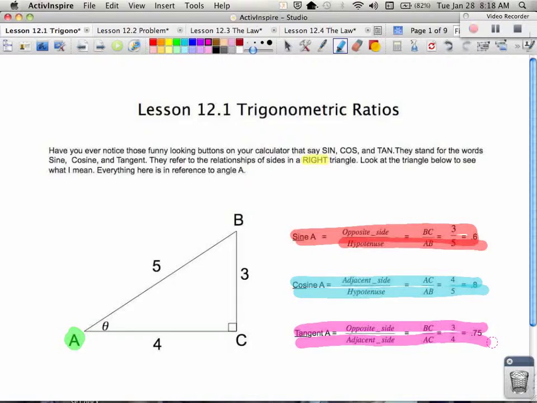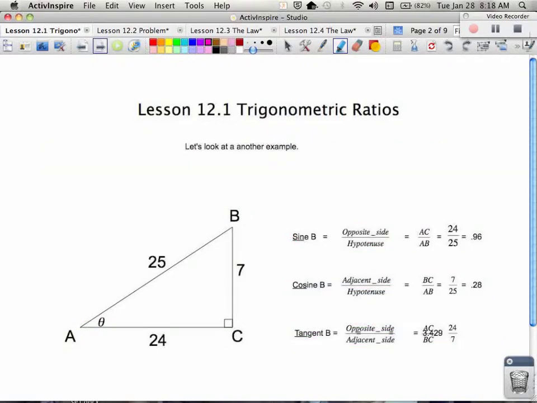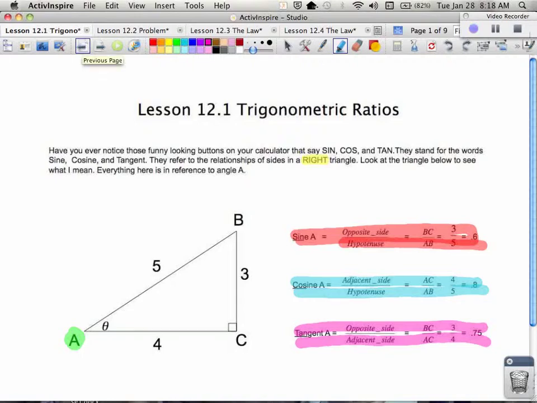Now math teachers, when they talk about trigonometry, like to use something called a mnemonic device. If I look at sine, for example, I notice that the first letter of the word sine is S, the first letter in opposite is O, and the first letter in hypotenuse is H. So the way that they talk about the sine, to try and remember it, is S-O-H.